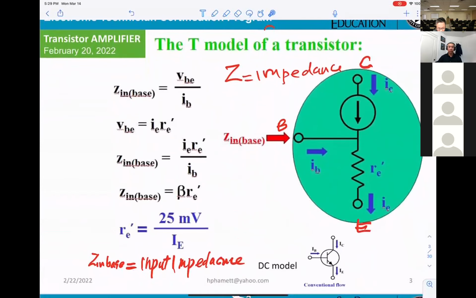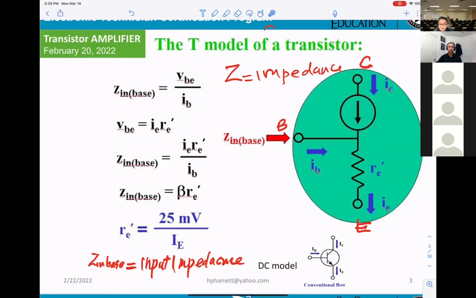And last time we already told you, this is a transistor in DC. However, in AC, it is replaced by this model. This is the base, collector, and emitter.